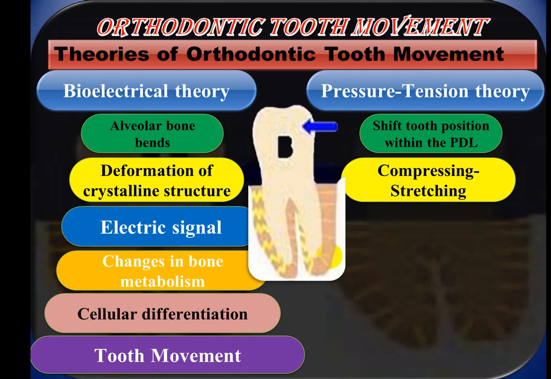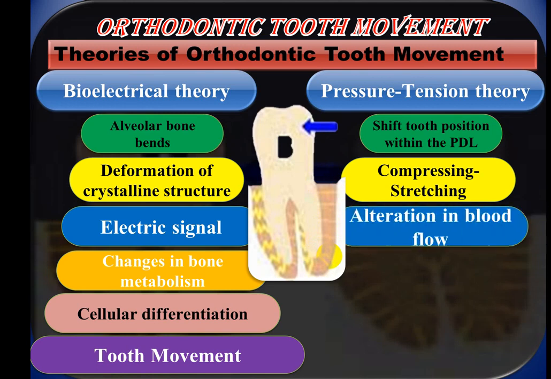As a result of the creation of these two sides, several changes will occur next. First, there will be an alteration in the blood flow as a result of compression of the PD ligament space, reducing its size and compressing the collagen fibers. There will also be compression of the blood vessels present in the pressure side, and as a result, there will be a decrease in the level of blood flow.